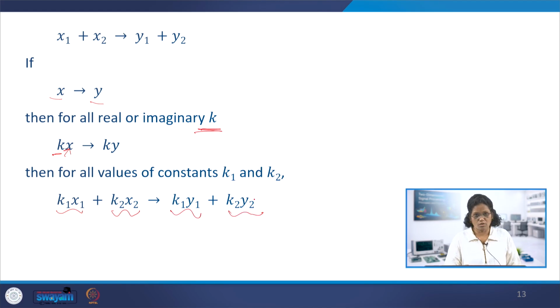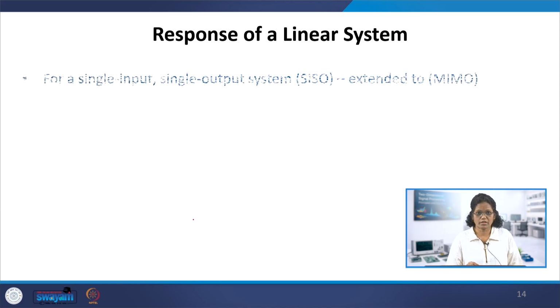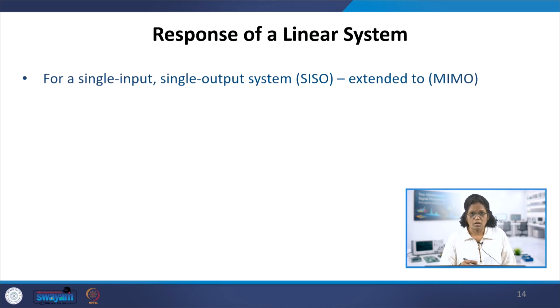Then the system is linear. This should be valid for all X1 and X2 inputs which we are considering here. If it is not satisfying superposition and homogeneity, then the system becomes a nonlinear system.